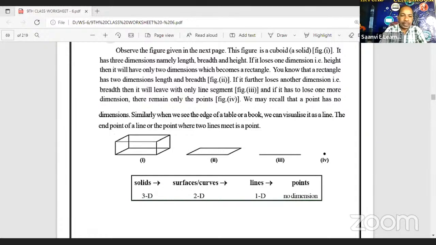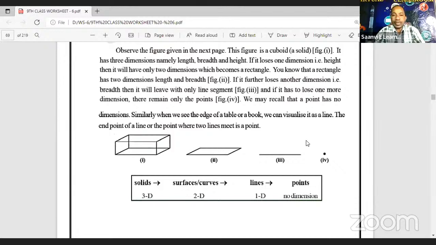When we take a 3-dimension figure, a cuboid, and remove one dimension, that is height, the cuboid becomes a rectangle.